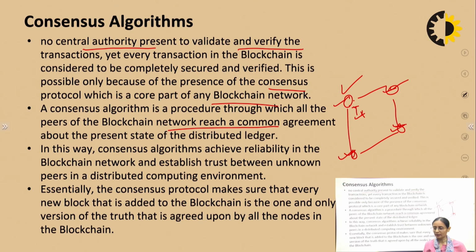Essentially, the consensus protocol makes sure that every new block that is going to be added to the blockchain is the one and only version of the truth, agreed by all the peer nodes in this blockchain.